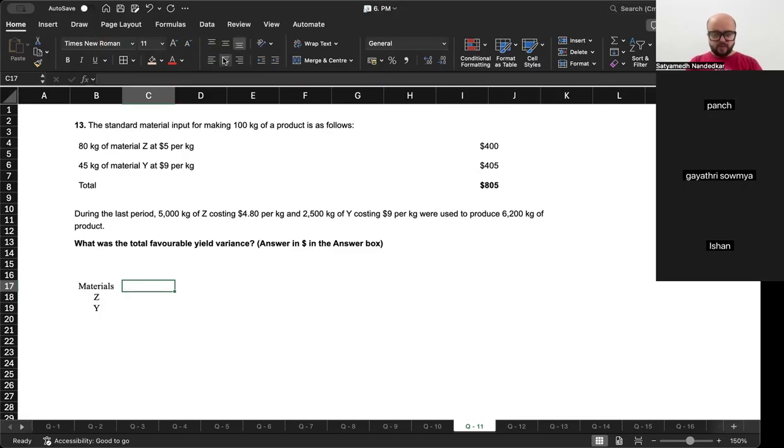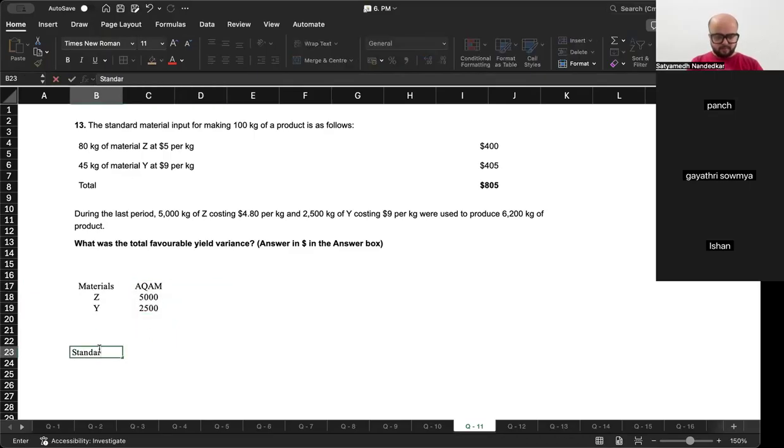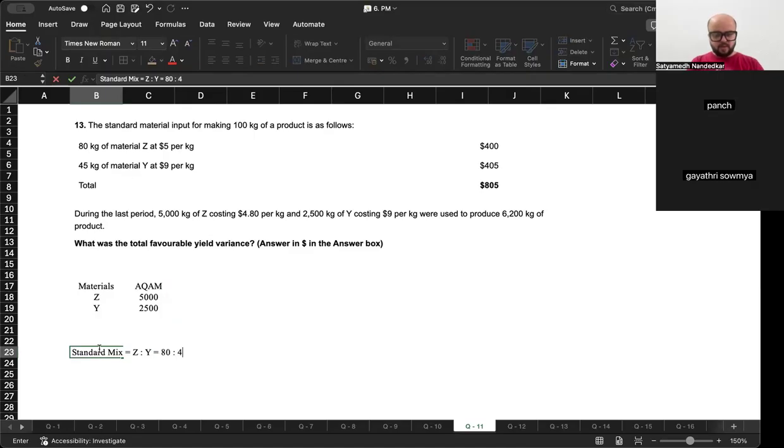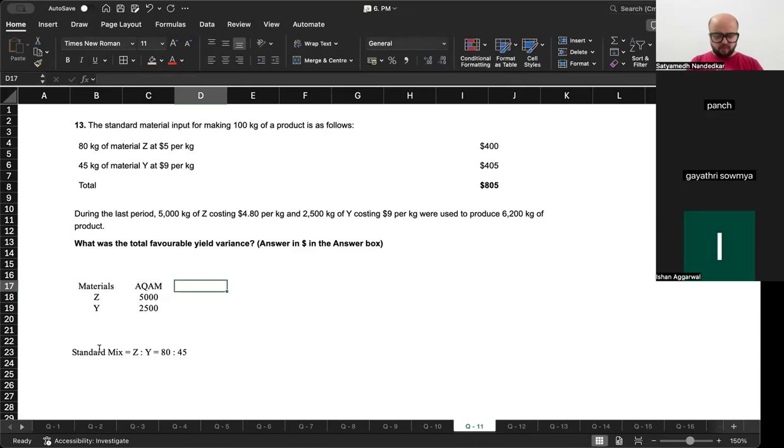We write down the actual quantity used, right? Actual quantity, actual mix: how much was it? 5000 kg of Z was used and 2500 kg of Y was used. Fair enough. What is the standard mix? 80 is to 45. Correct. Now, what do we have here?